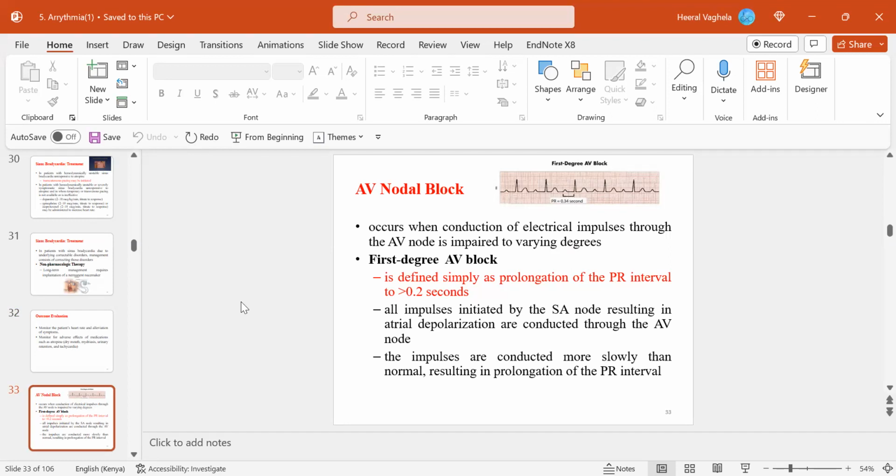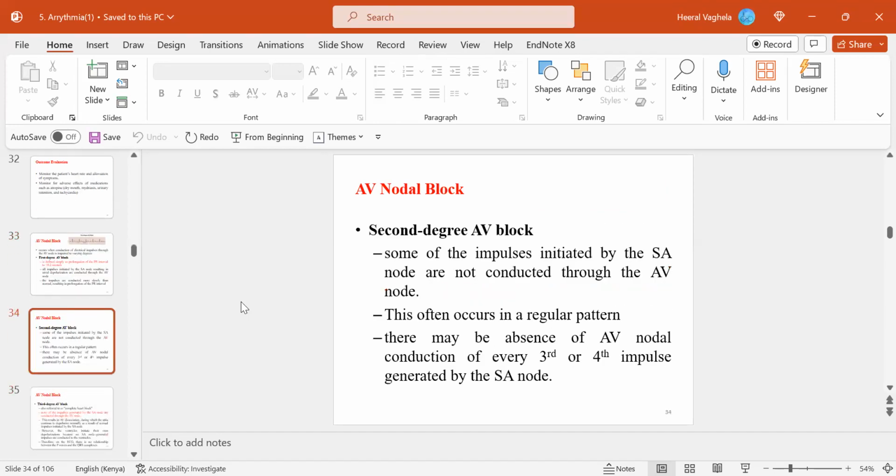So first degree AV block is just that the PR interval, between the SA node and the AV node, is slower. So you expect your PR interval to be longer.